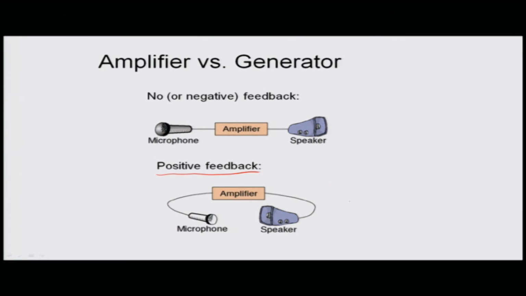Cartoon-wise, it's like here is the picture where we have the microphone facing the speaker, and we know that you hear a high screech because the microphone is feeding into the system, and you have a lot more amplification.